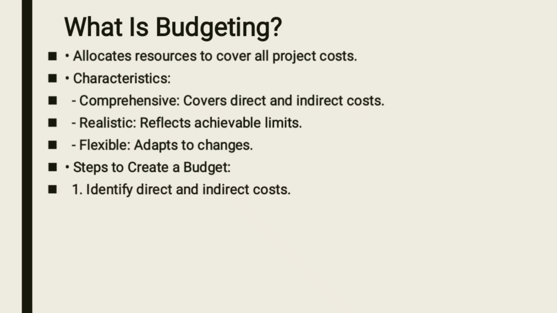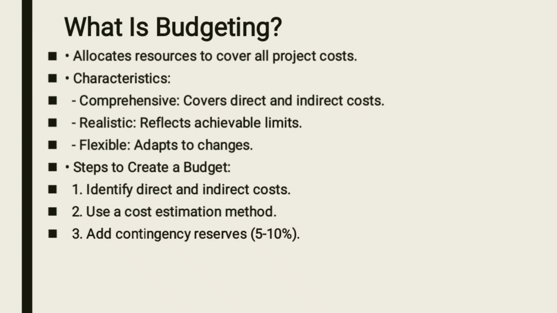Steps in creating a budget. Cover all the direct and indirect costs. Use any of the cost estimation methods. Add a contingency of 5 to 10% to your budget. So let's say your budget is $100,000.